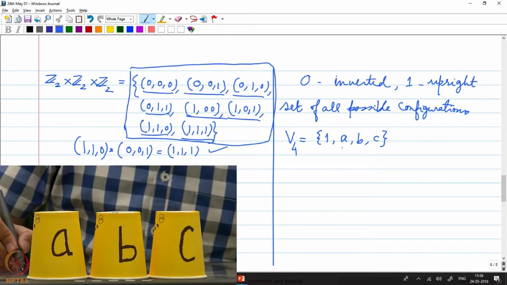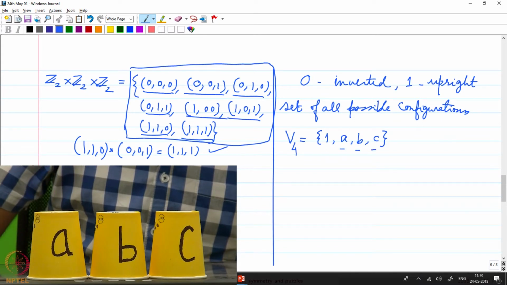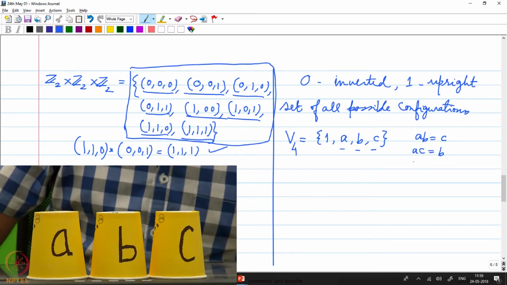As you recall, A square is identity, B square is identity, C square is identity, and then AB is C, AC is B, and BC is A.